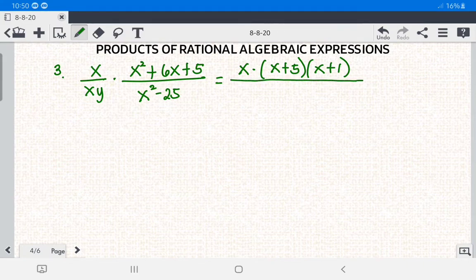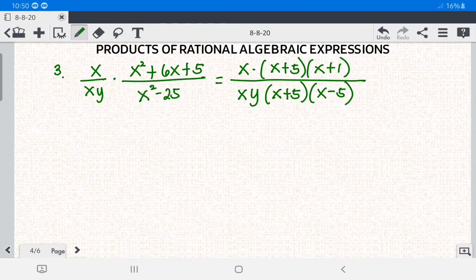So, let us now proceed over xy times, as you can see, x squared minus 25 is a difference of 2 squares and can be factored as x plus 5 and then x minus 5, right?